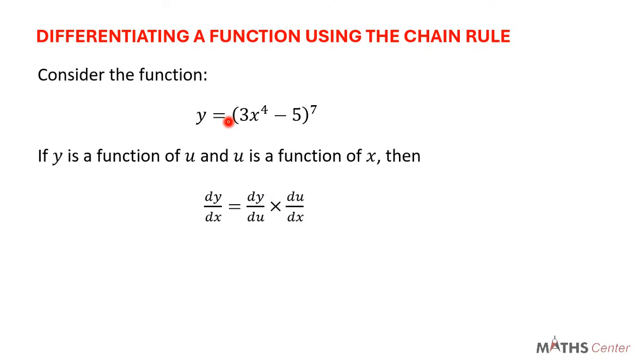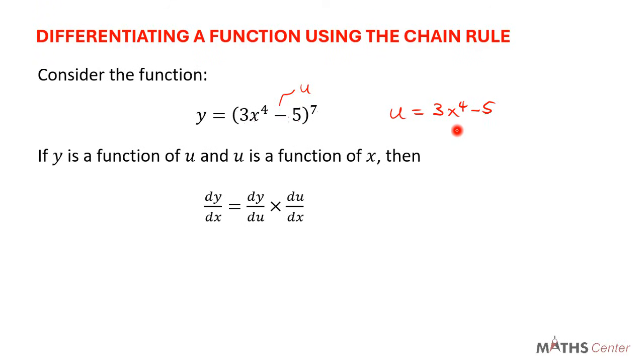Let's consider this example here. We have y is equal to (3x^4 - 5)^7. You see, this function here, 3x^4 - 5, we can let this function represent u. When we let this function represent u, we have u is equal to 3x^4 - 5.